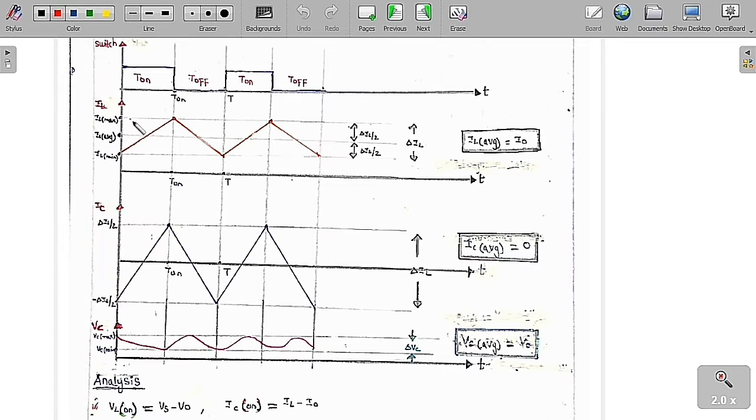The amount of variation from IL minimum to IL maximum, this amount of ripple, is called delta IL. So delta IL is the amount of ripple in the inductor current IL.